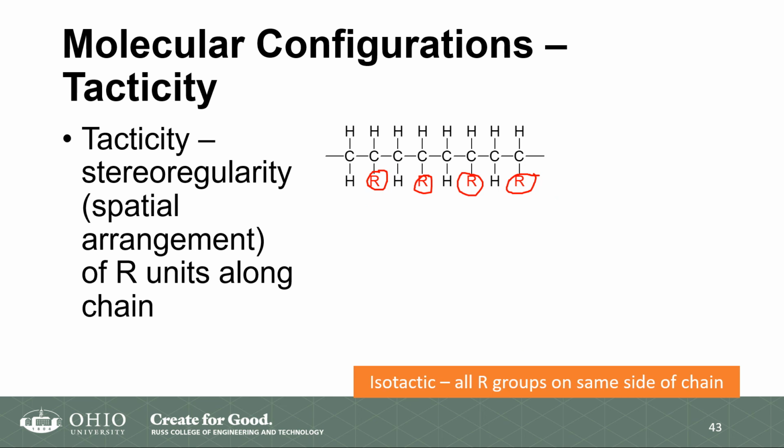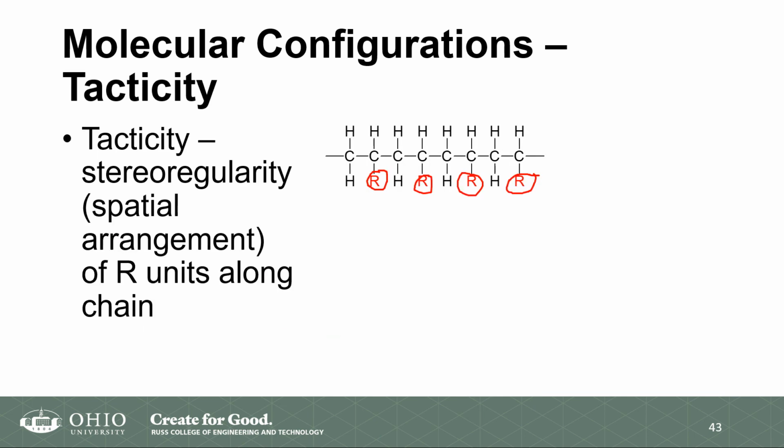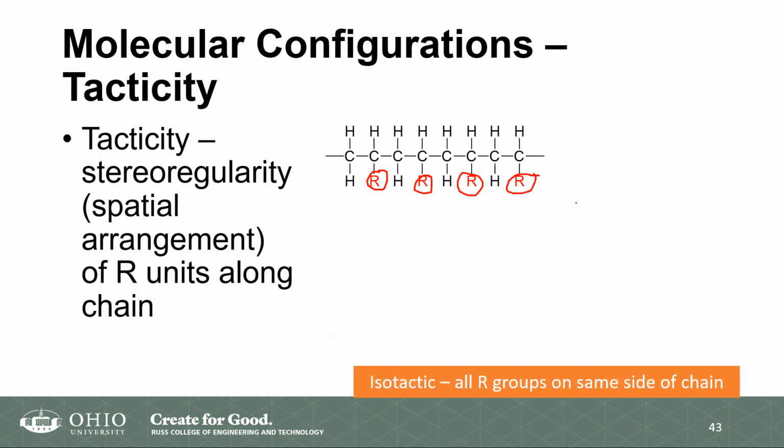So again, just remember that your R here is representative of these groups that are different from each other. Okay, so those are my R groups, and because they all lie on the same side of my two-dimensional representation, we would call that isotactic.